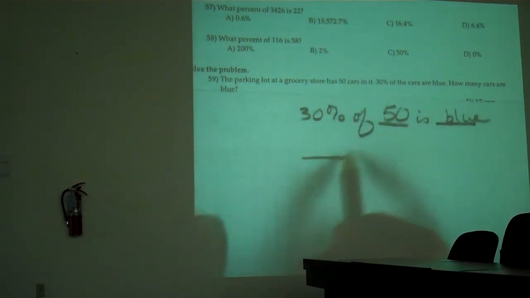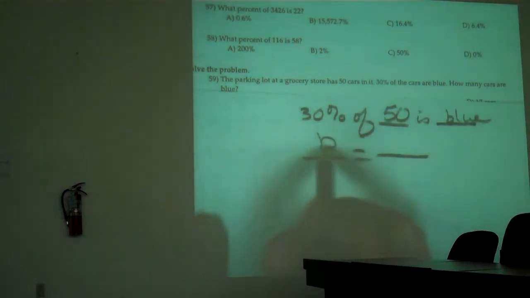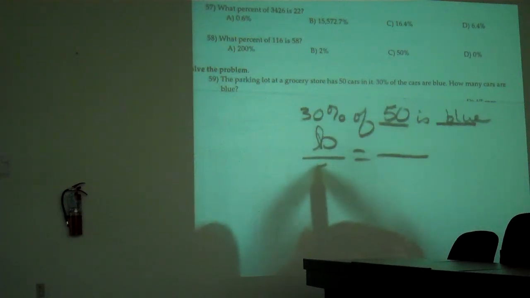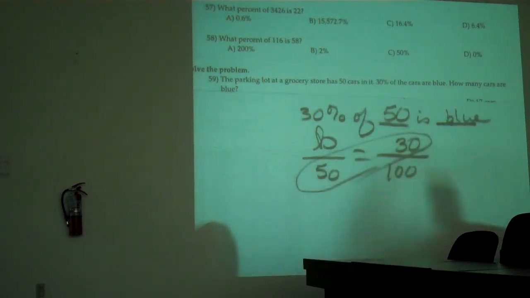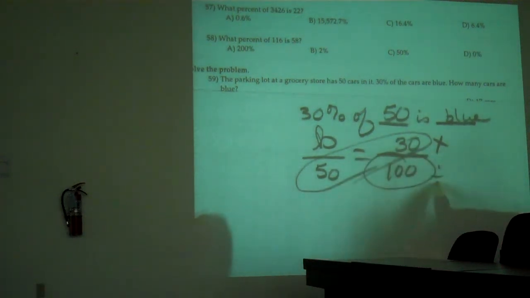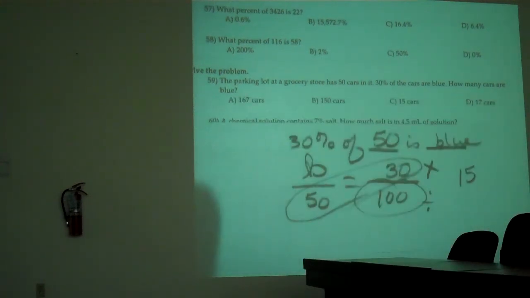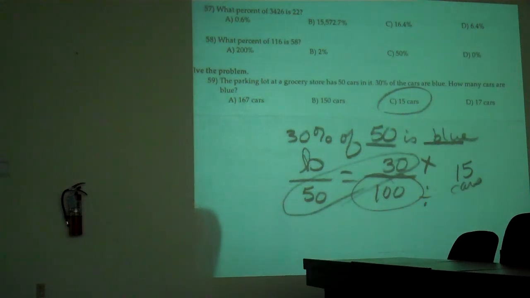So still set it up in your is over of. Is, you don't know. This is a B for blue. Of is 50. Your percent's 30. Put it over 100. 30 times 50 is 1,500 divided by 100. So there's 15 cars that are blue. So that's your C answer right there.